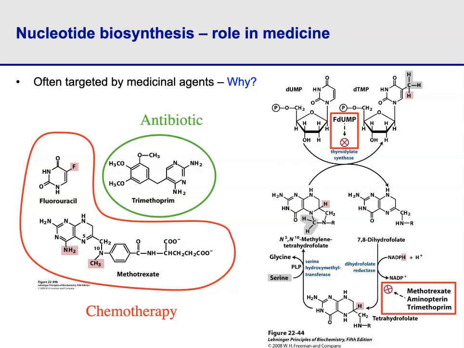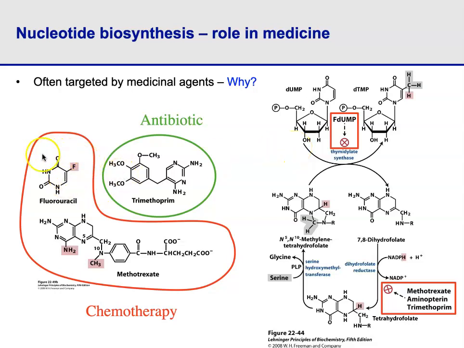So if we can somehow stop it, we can hold the progression of these cells. We can hold the division of cancer cells, or we can hold the division of bacterial cells. And so that's why many antibiotics and chemotherapeutics are actually used to block various steps of nucleotide biosynthesis.